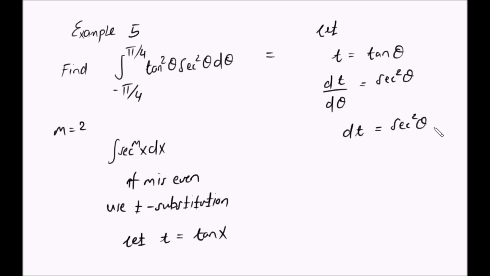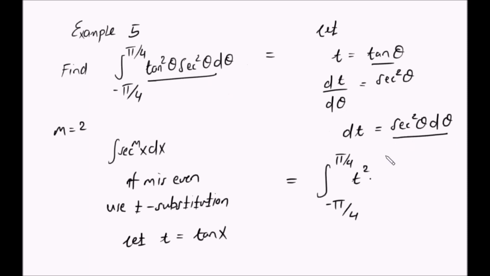Sec squared theta d theta. So this integral of ours now has these limits of integration, and then we have tan squared theta. Now tan theta is t, so it's just t squared times sec squared theta d theta, which is what? It's dt.